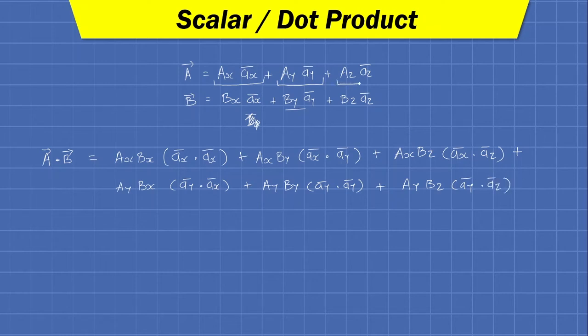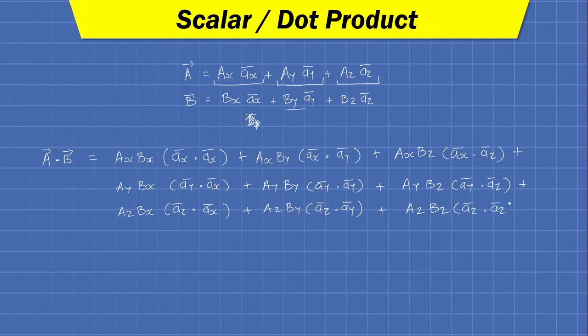Now multiplying the last term, it will result in az bx, az bar dot ax bar plus az by, az bar dot ay bar plus az bz, az bar dot az bar.